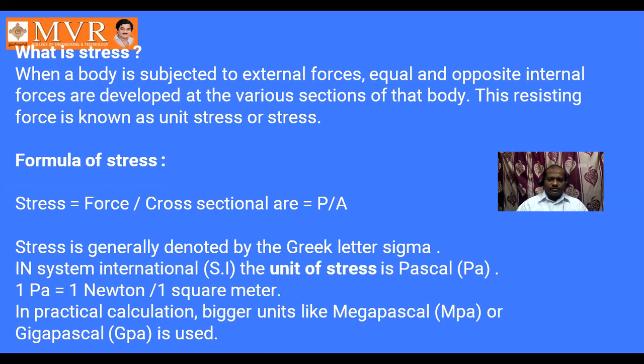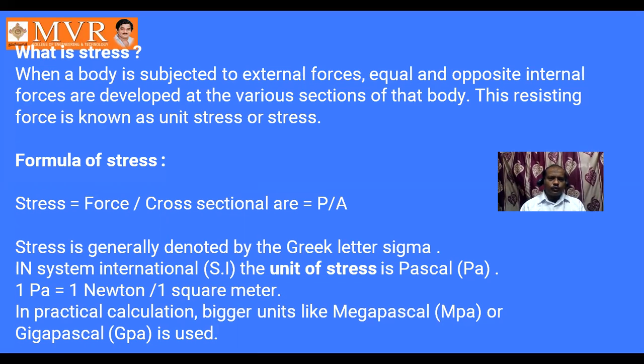If a large force acts on a large area, the stress is going to be nominal. If a large force acts on a small area, the stress is going to be very high. If a small force acts on a large area, the stress is going to be very low. This is the broad idea we have to remember for stress.